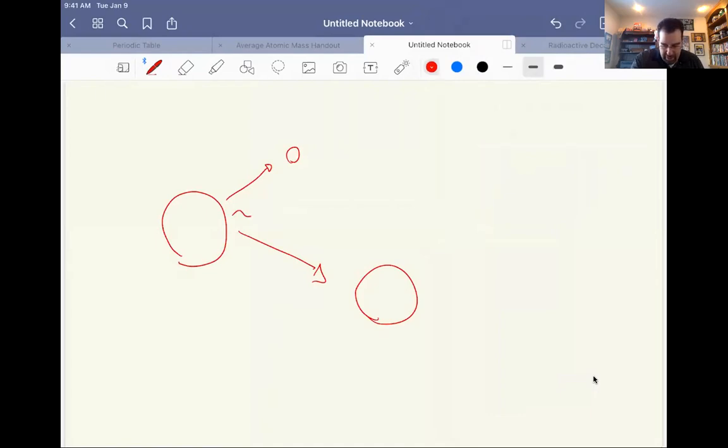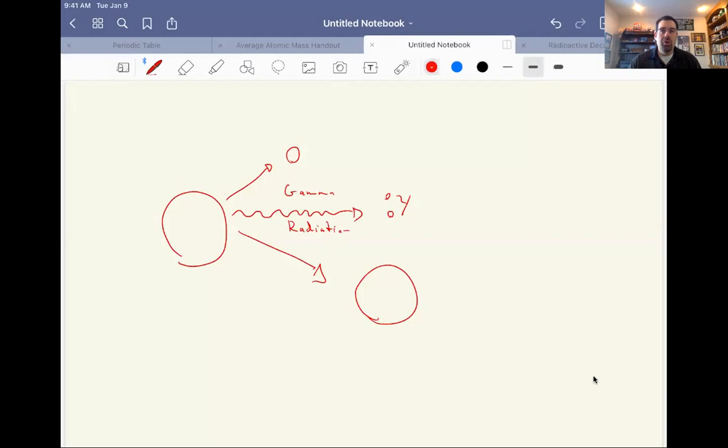But then energy is given off as a result of that. That's gamma radiation. So you get your emitted particle, your daughter nucleus, and gamma radiation given off as a byproduct of breaking that nucleus into smaller parts.